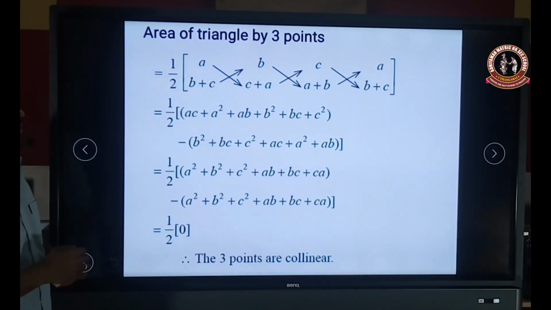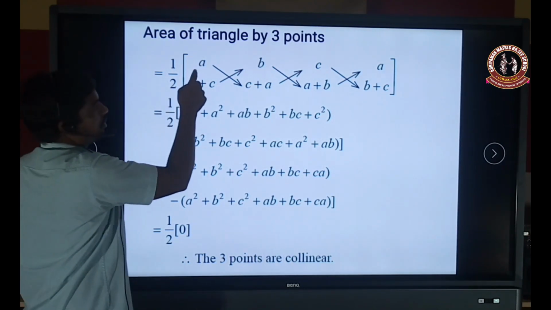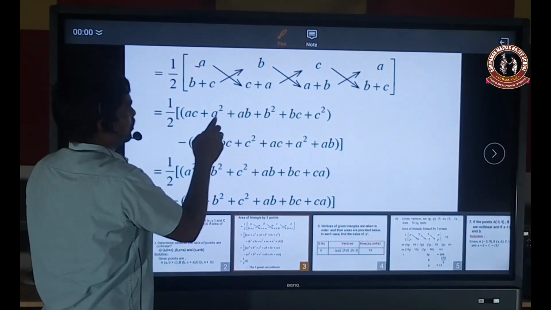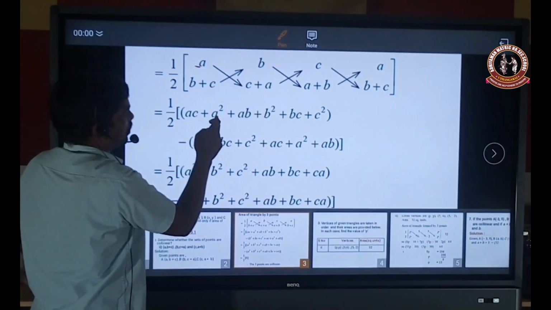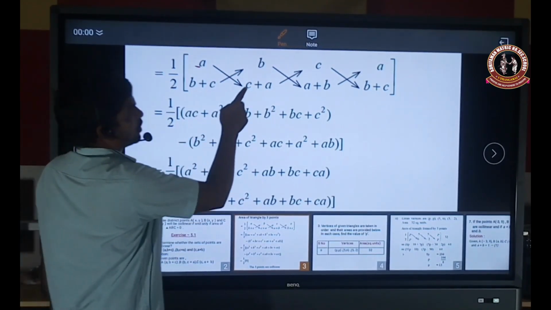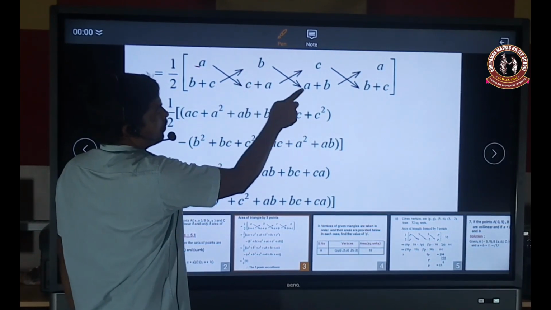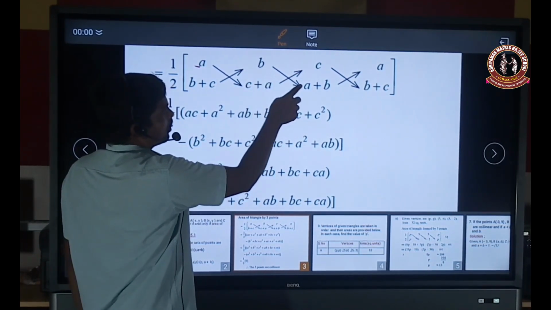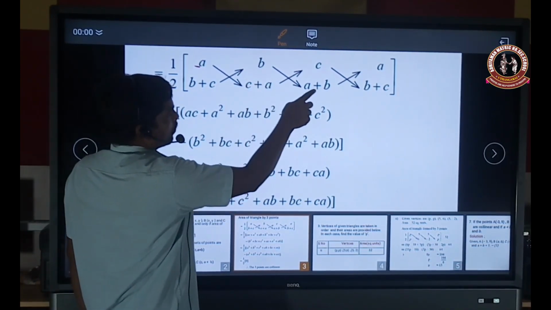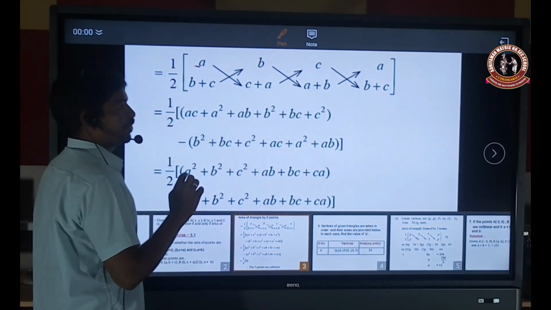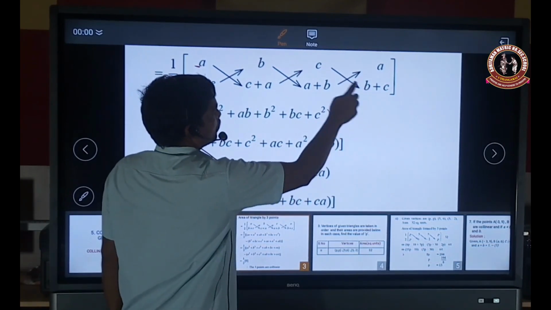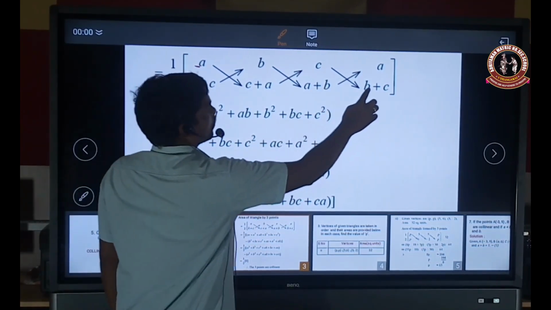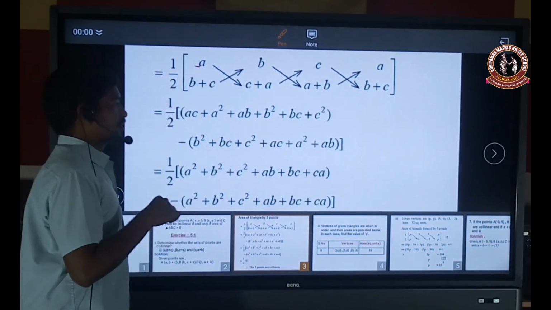By the pictorial representation method, a multiplied with c + a, we get ac plus a square. Next, b multiplied with a + b, we get ab plus b square, plus c multiplied with b + c, we get bc plus c square.